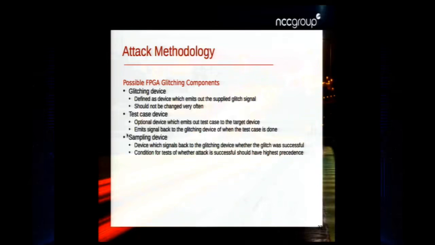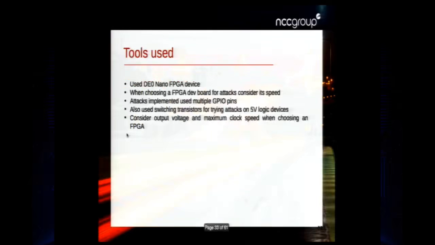And the sampling device is the one that checks whether our glitch is actually successful or not. This is a piece of code that should be at the highest precedence because of the nature of the FPGA and the Verilog used.